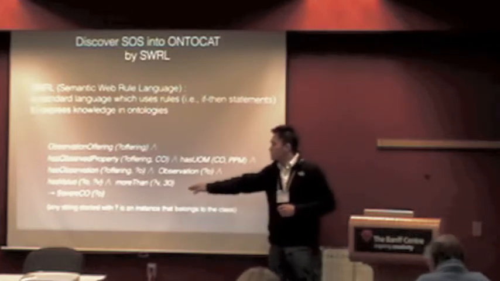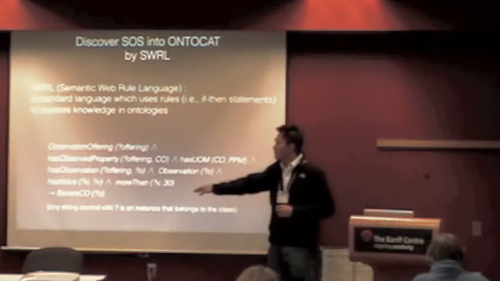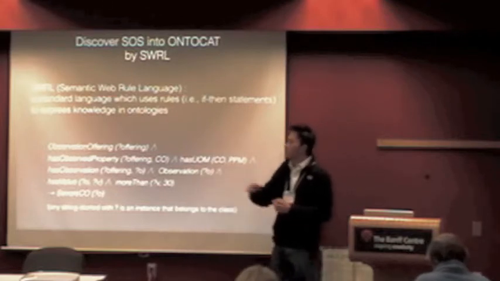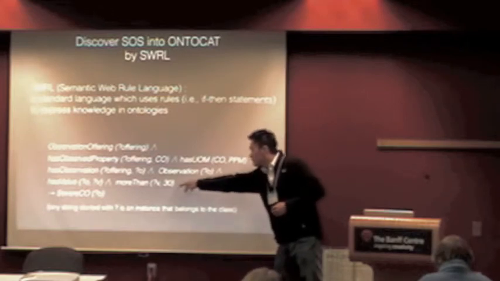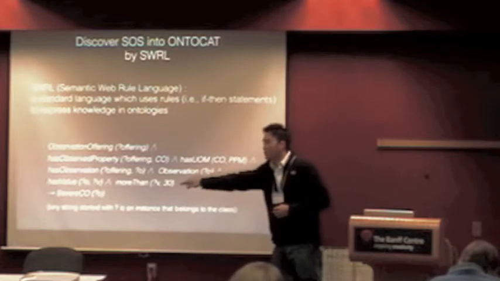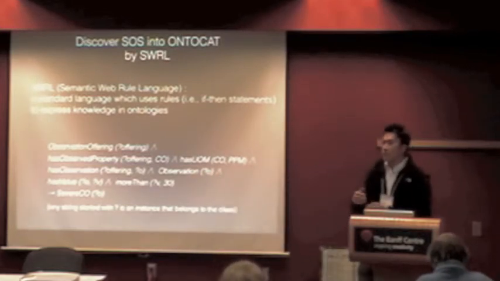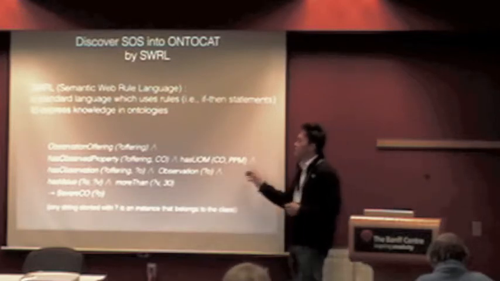This is for the severe carbon oxide concept, and we can define this concept such that if the SOS observed value is more than 30 ppm, we call this SOS a severe carbon oxide. So we can use different ways to query the ontology like this one.